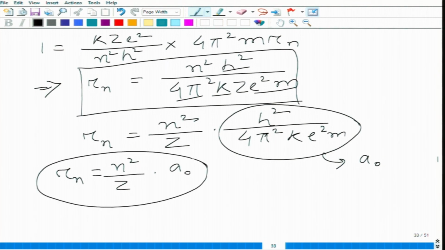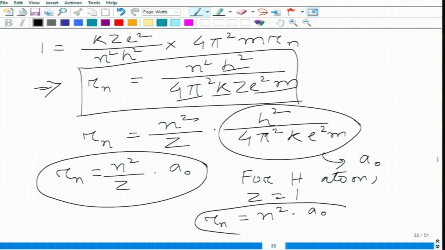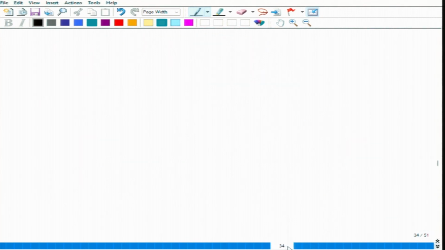Now we have told earlier that Bohr's model was applicable for hydrogen atom. So for hydrogen atom, Z equal to 1. That's why Bohr said Rn equal to n square into a naught. This is the expression of radius for hydrogen atom. But for others, it will be this formula, Rn equal to n square by Z into a naught.